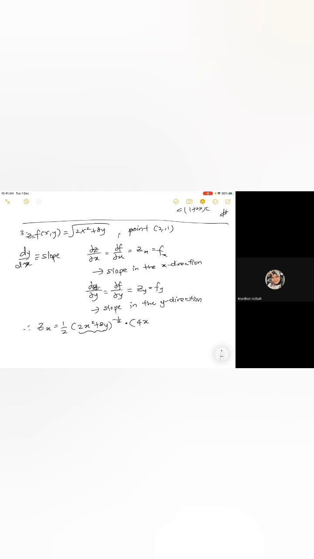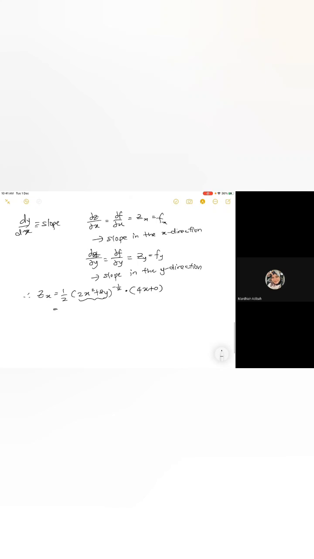The 8y will be 0. Again, why it's 0? Because it's a standalone variable. It does not attach with x. Okay. So this 4 and 2 can be cut out. So what's left is 2x over square root of 2x squared plus 8y. Okay, the negative means 1 over.